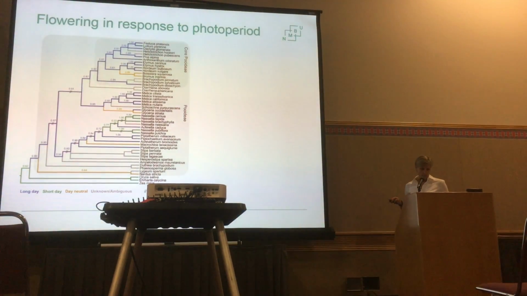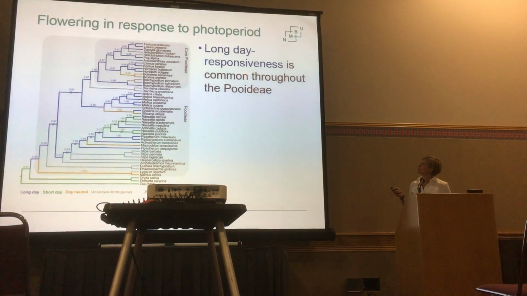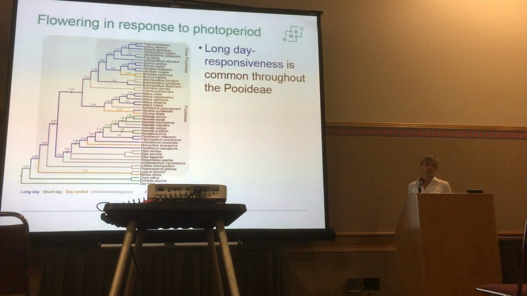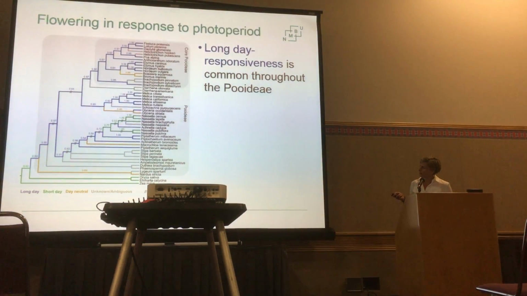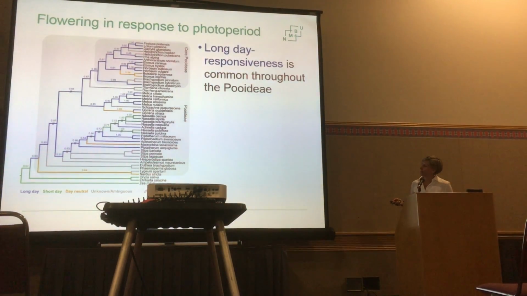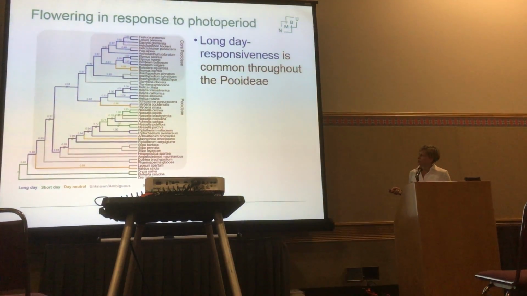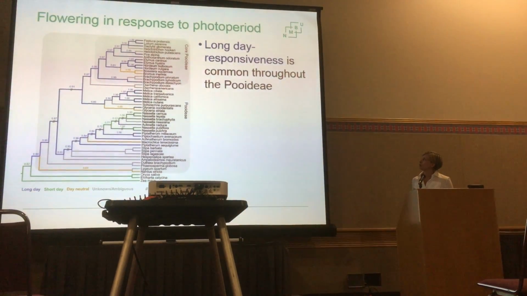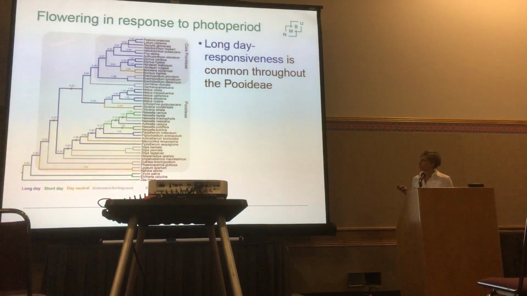And what we find is that long day responsiveness is common throughout the whole Pooideae. Although we don't have very much data in the basal Pooideae here, the ancestor is reconstructed as long day responsive.